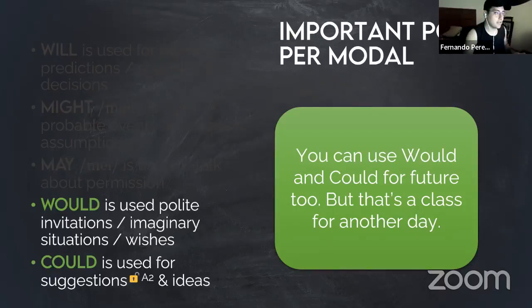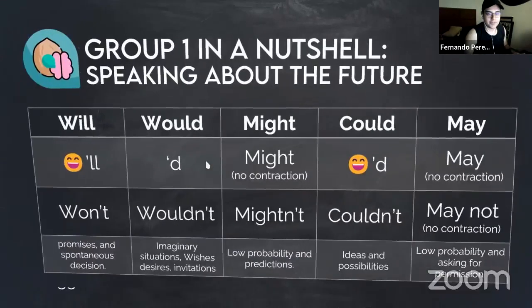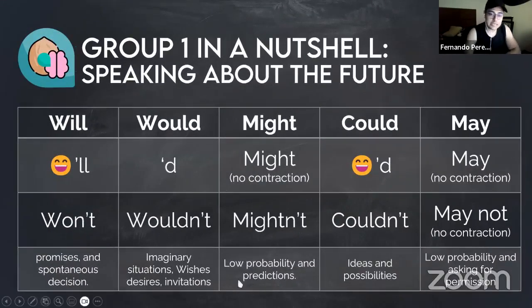Here is your diagram of future in a nutshell. Of course, I'm going to put it a little bit better. Here you have the possible combinations, okay?